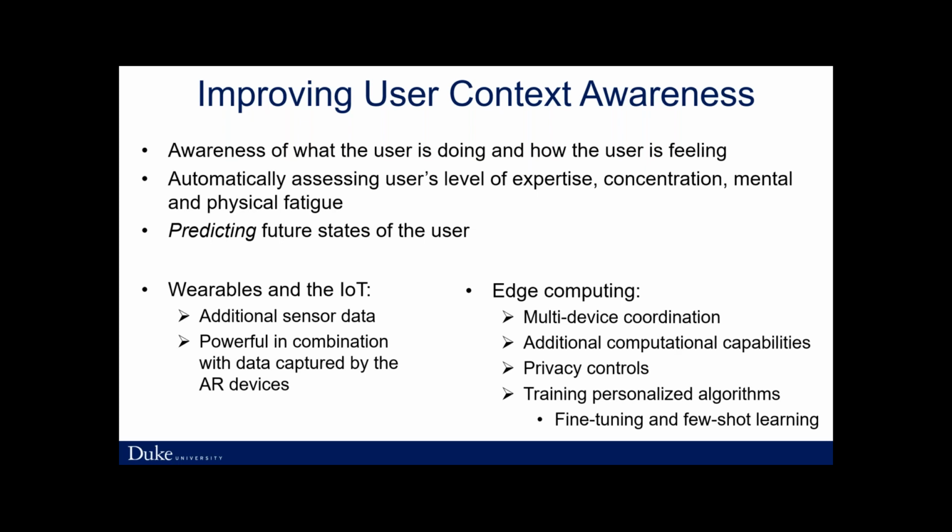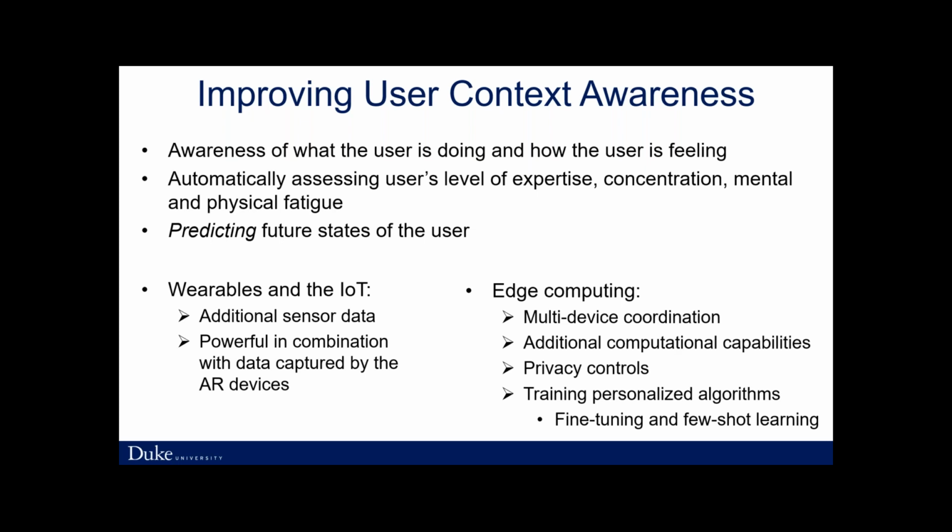Unfortunately, what has been observed in a lot of work with user context awareness is that algorithms that are trained on general population do not do well on individuals unless we have some of that individual's data. So usually to make a lot of user context awareness algorithms reliable, we do need some data from the user. And there are known algorithms for working with it, for fine-tuning deep neural networks, for techniques to reduce the amount of data that you need to get from the user.